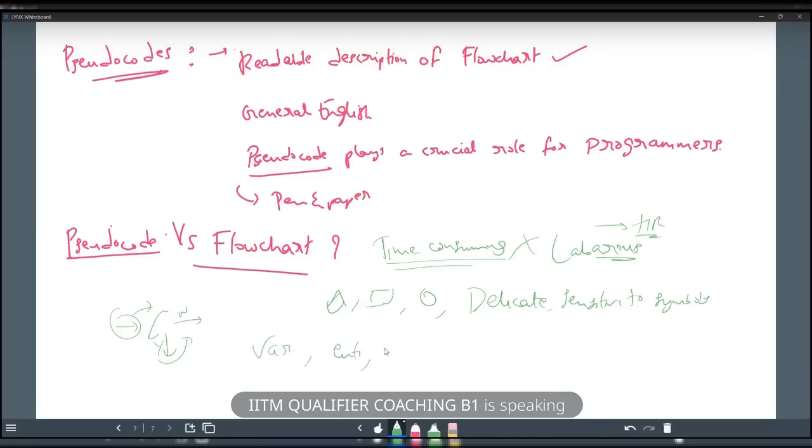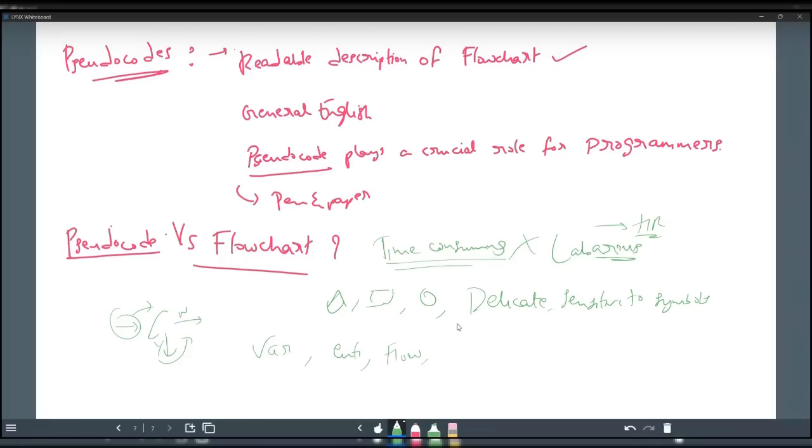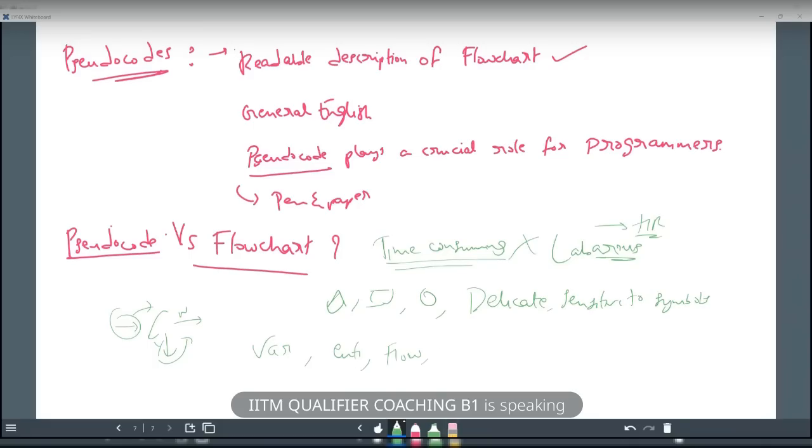Variables, entities, and something like flow, I mean the flow of the process. Can you find any other things other than these three in a flowchart? There is no chance of finding anything more than these three in a flowchart.